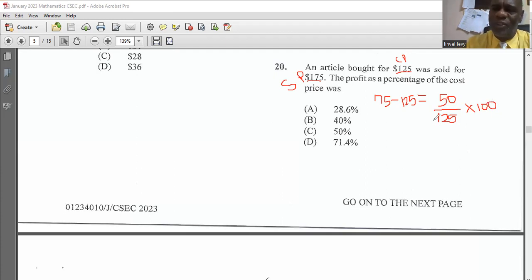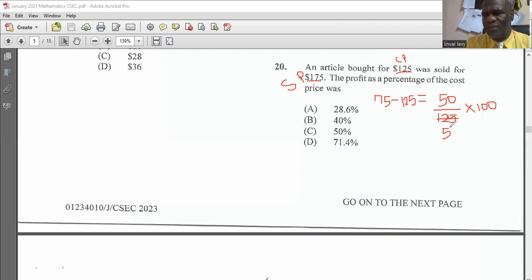So now we can cancel. So we say 25 into 125 is 5. 5 into 50 is what? Am I doing it right? The profit as a percentage of the cost price. The cost price is 125. Profit is 50.